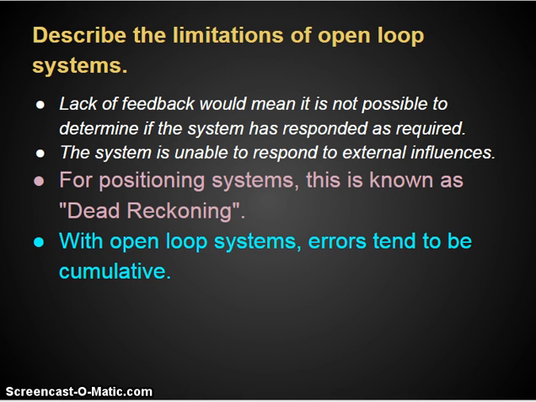What'll happen there is if one of those wheels isn't going exactly the same speed as the other wheel, it'll drift, and then the turning will make it even worse, and then going farther will make it even worse. So the more that it drives with no feedback loop, the lower the accuracy of the actual completed system is.